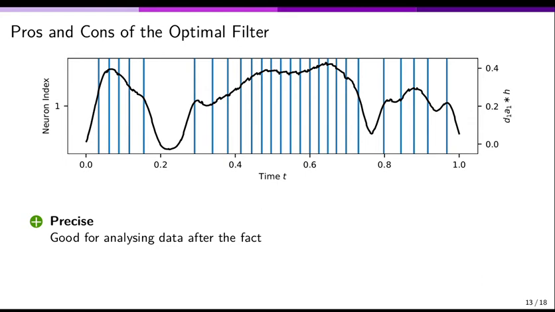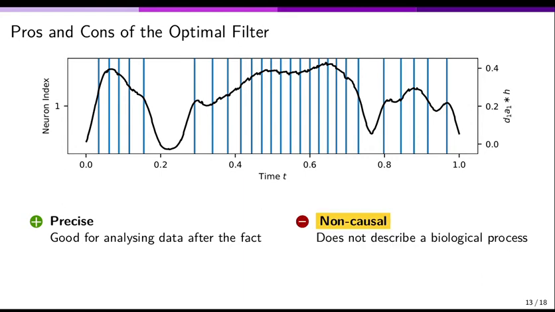But hold on a second. This is non-causal. If this neuron spiked here, there is no way that I should already be increasing my estimate of what X is at this point in time. The neuron hasn't spiked yet. I don't know that it's going to spike.